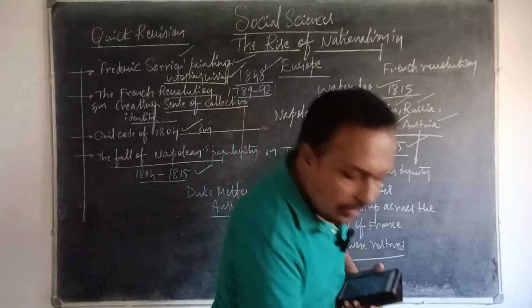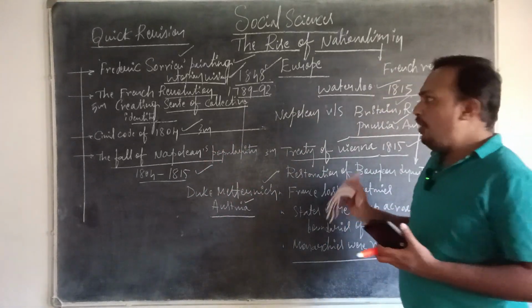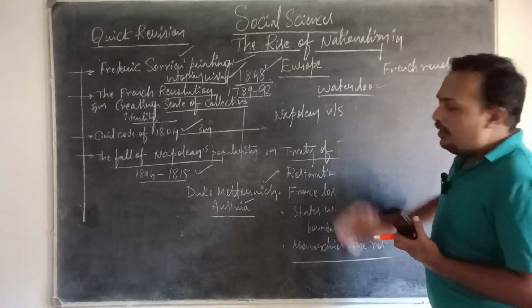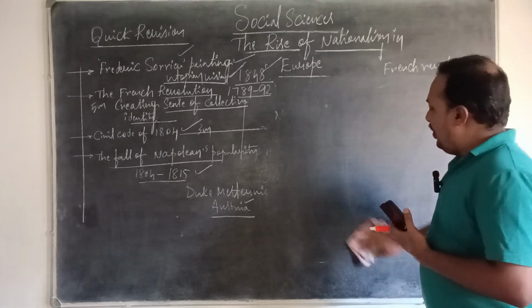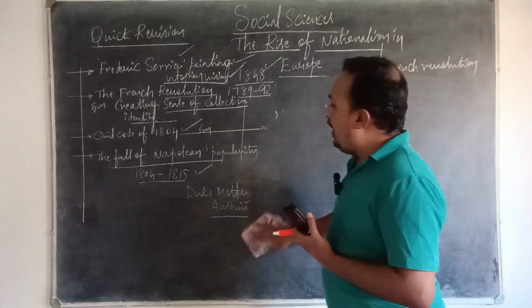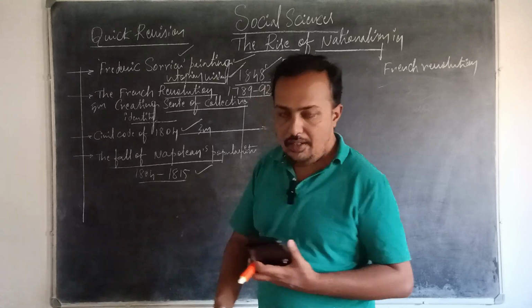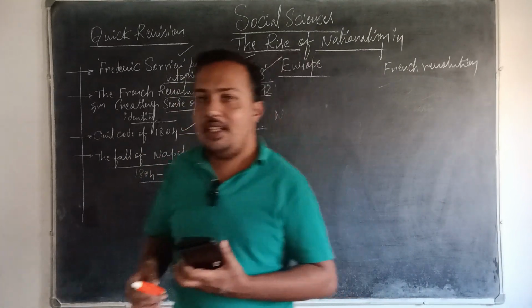So let us take the age of revolution. Before going into the age of revolution, we need to know about Giuseppe Mazzini, the important revolutionary leader who became a dangerous enemy for the conservative rulers at the time.